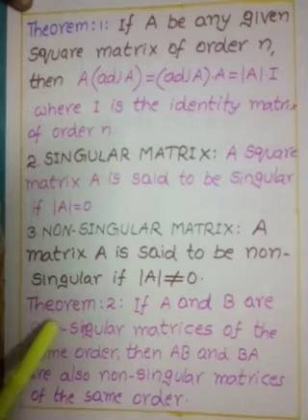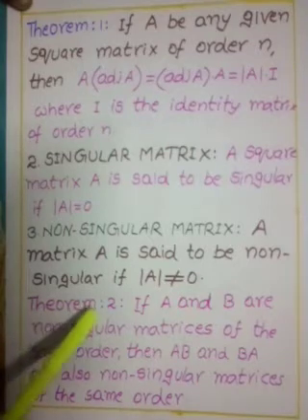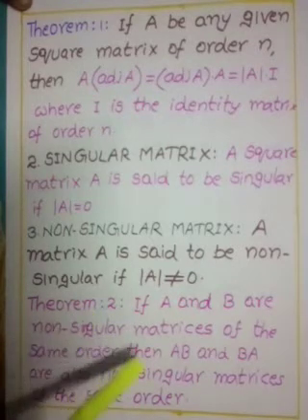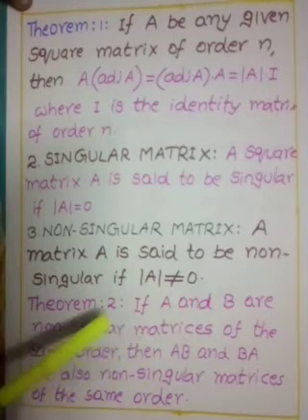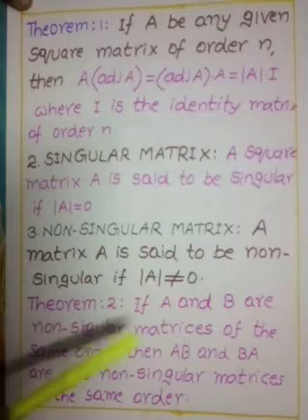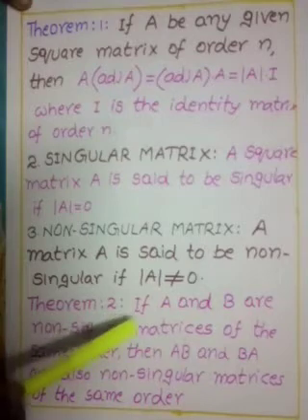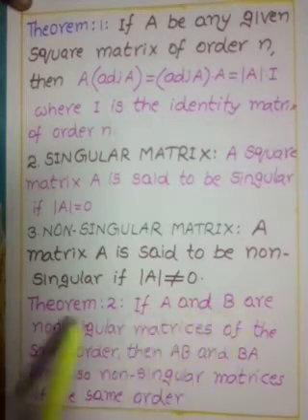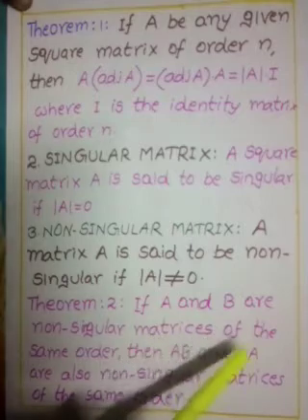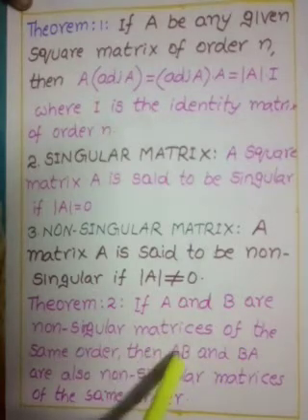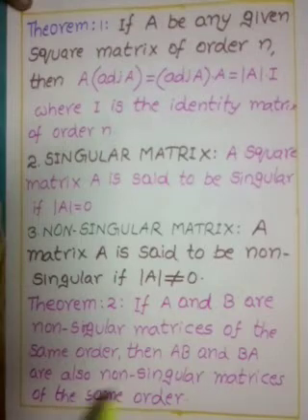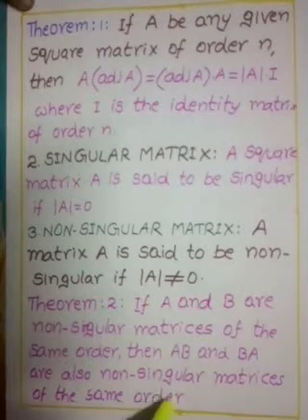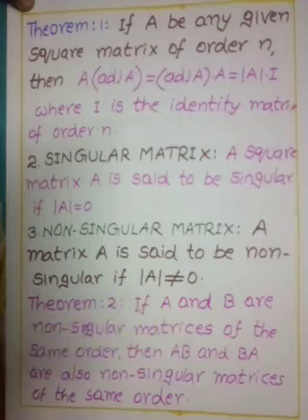Now come to theorem 2. Here also we just remember this point as a formula. We don't prove this theorem. If A and B are non-singular matrices of the same order, then AB and BA are also non-singular matrices of the same order. Just remember this point.